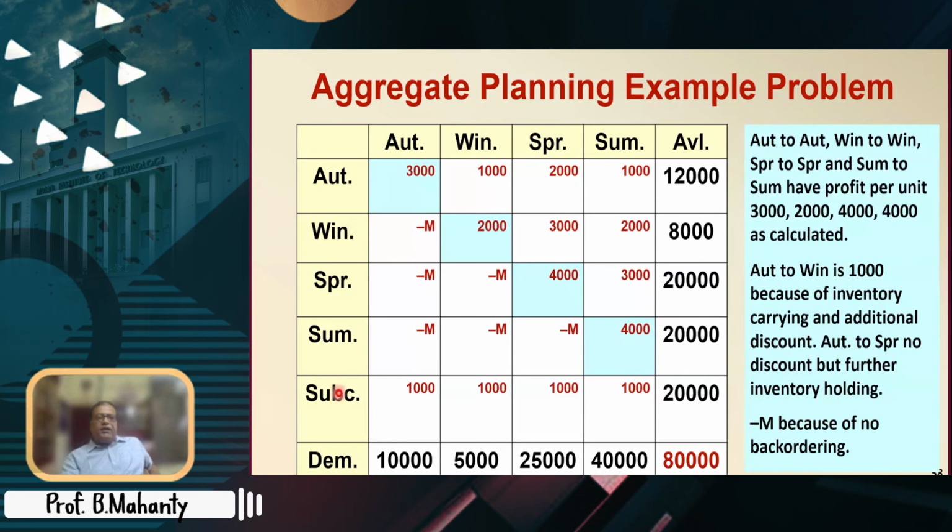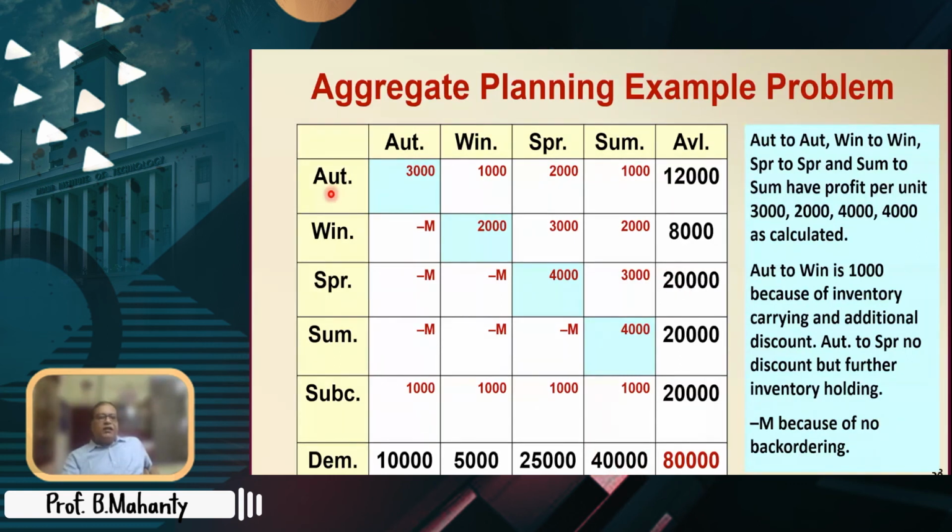These are the availabilities, and these are the demands: demand in autumn, demand in winter, demand in spring, demand in summer. So what is the autumn demand? 10,000, winter demand 5,000, spring demand 25,000, and summer demand 40,000.